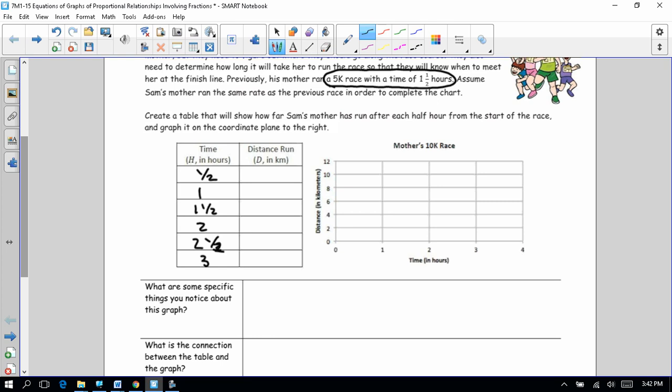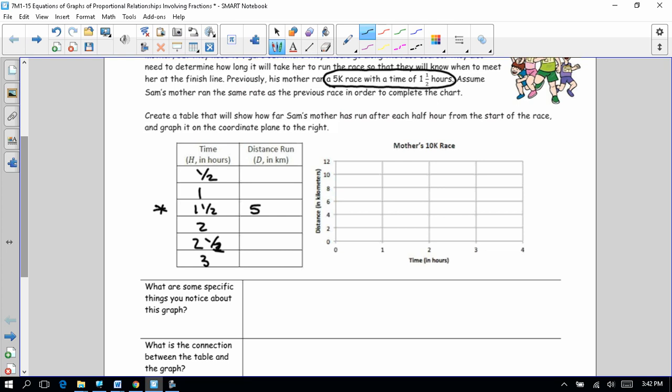I know at 1.5 hours she could run the 5K, so I could use that ratio to help me figure out the others.